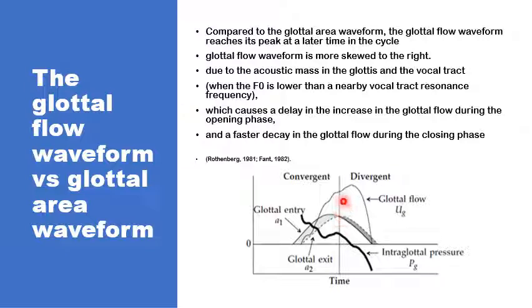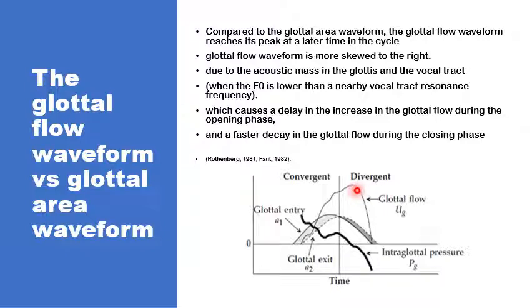The glottal flow waveform would have a peak that is shifted to the right, skewed to the right in relation to the glottal area waveform, as we have described earlier, due to the vocal tract air inertia.